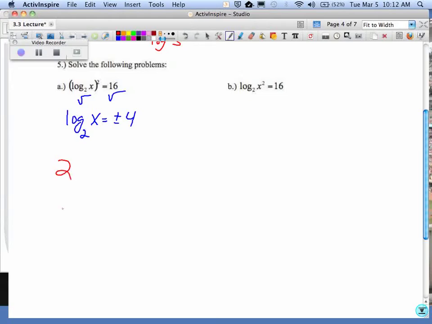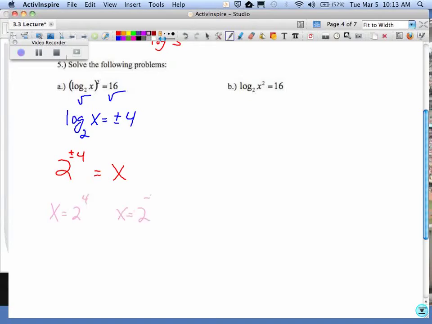So I have plus or minus 4, and that's equal to x. I just went from log form to exponential form. Okay, here we go. So one time we do this, we're going x equals 2 to the 4th. Another time we're going x equals 2 to the negative 4th.